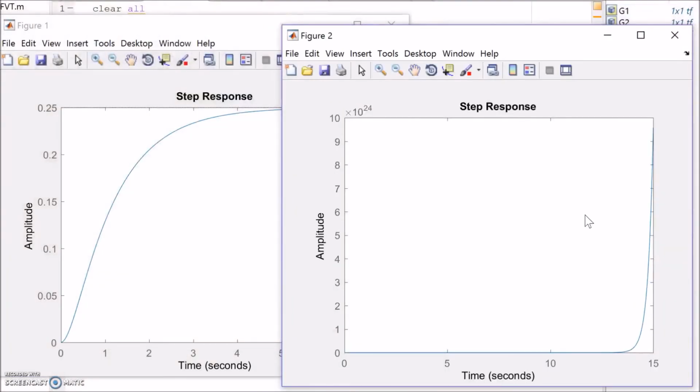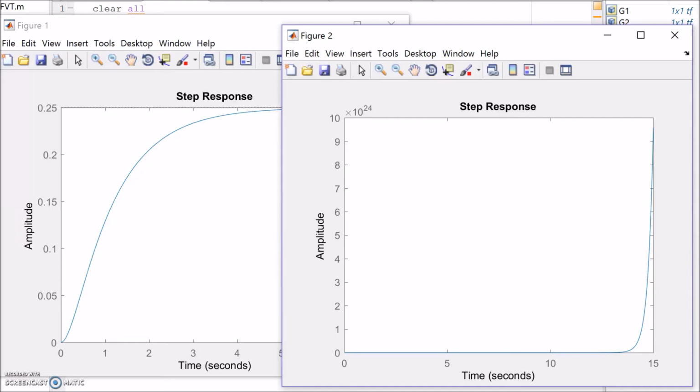If we now look at the one that's unstable, we see that as time keeps progressing, it goes higher and higher in value. You can see that it's up to 10 to the power of 24, so it's a massive number. It's shooting towards infinity. So this is definitely an unstable system, because clearly it's never going to approach a final value as it should if it's a control system.